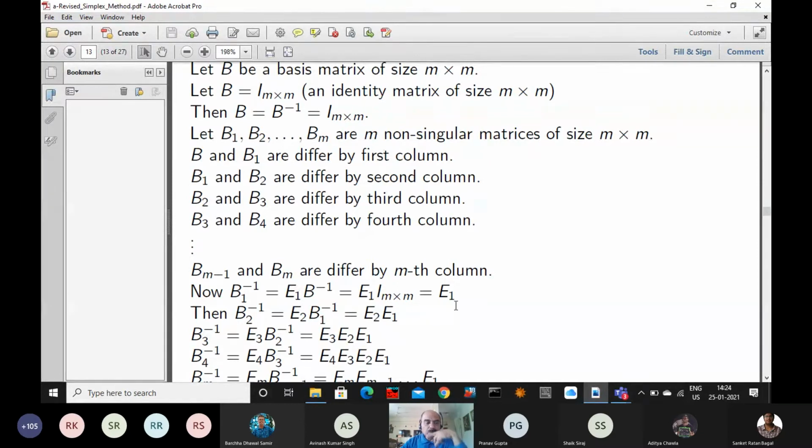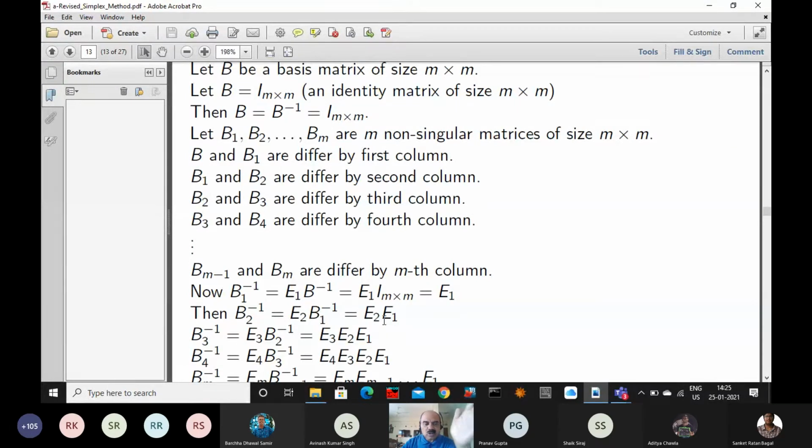Please remember, B1 inverse equals E1. Then we compute B2 inverse, and we will obtain E2. So we have E1, E2, E3. What is B1 inverse? B1 inverse, which you computed recently, is E1. So ultimately B2 inverse equals E2 into E1.